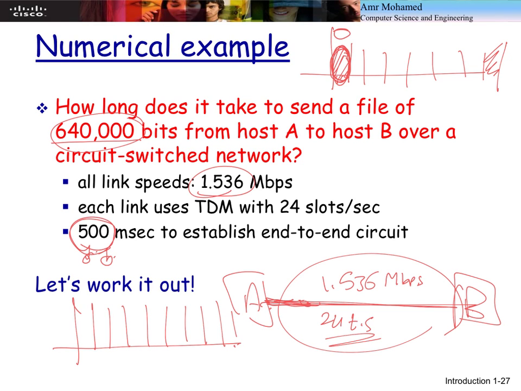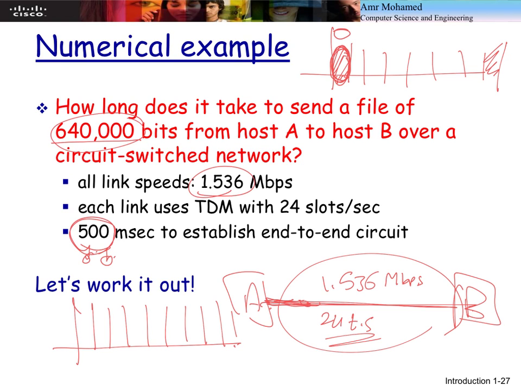But usually this propagation time is close to the speed of light, which is usually in the nanoseconds, which we can ignore. Okay? So what we are calculating here is the transmission time. And we will talk in details about the difference between propagation time, transmission time, queuing time, processing time. All these are times that the information encounters when it goes from one node to another. Okay? We'll go into this.